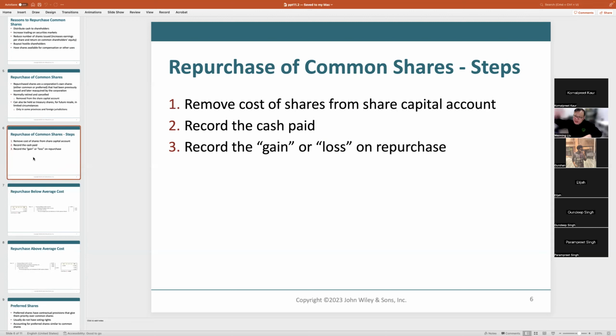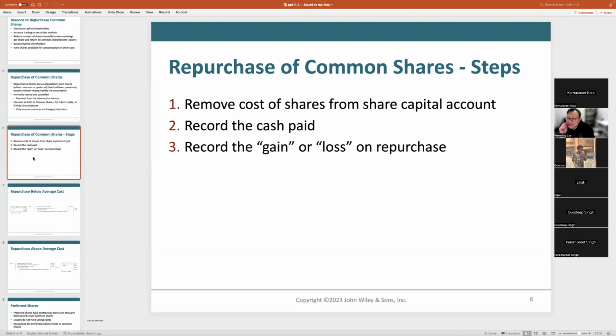And the market price is changing all the time. So when you buy back the shares, your buying price could be different than your initial selling price, right?